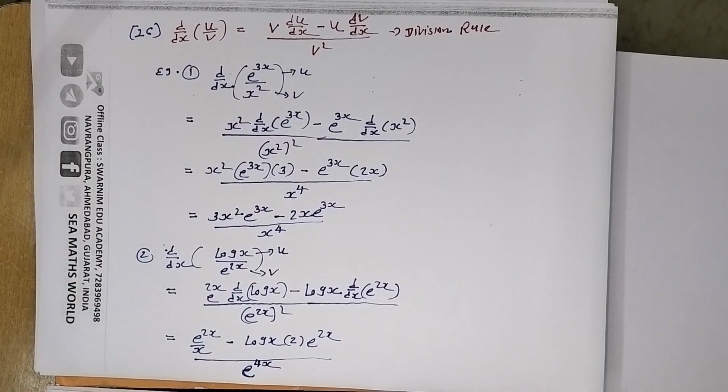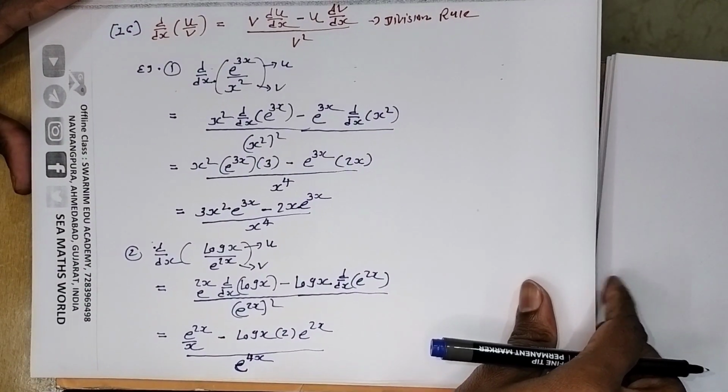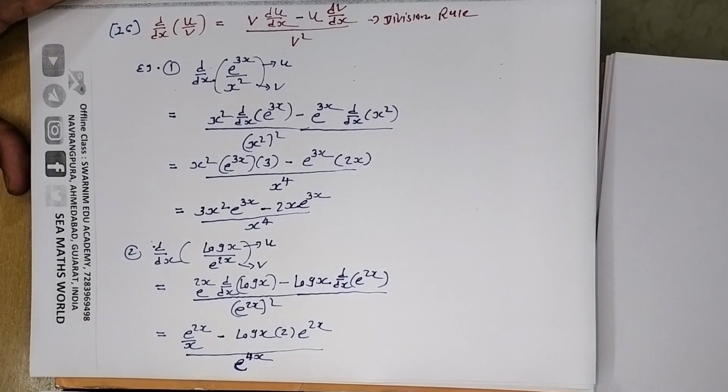Okay, so we have studied a total of 16 formulas that are very important in 12th science, diploma, degree engineering, BSc, BCom, BBA. Okay, now within 1 minute we will quickly revise all the formulas.